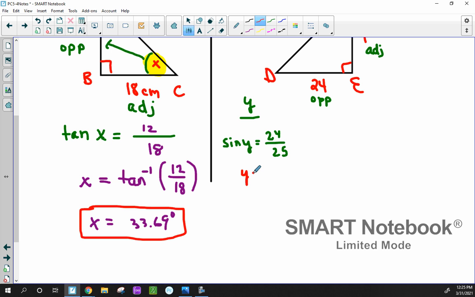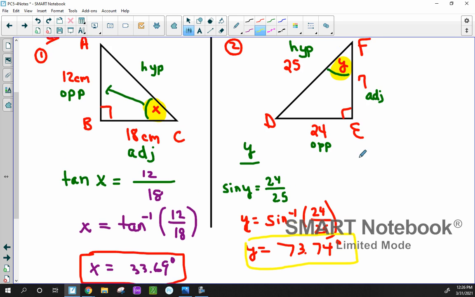To get Y by itself, in this scenario, you have to do the sine inverse notation, then drop your fraction down, use your calculator, and you'll be done. So Y is equal to second sine, sine inverse of 24 divided by 25, and I'm getting 73.74 degrees. 73.74 degrees is the measurement of the angle that's marked Y.